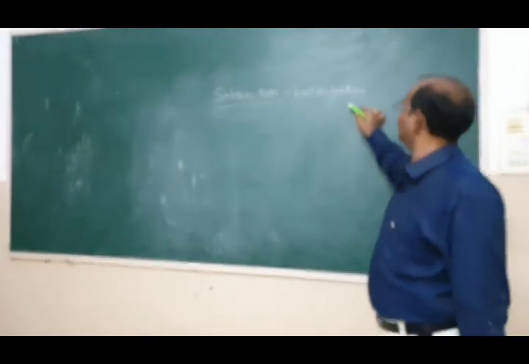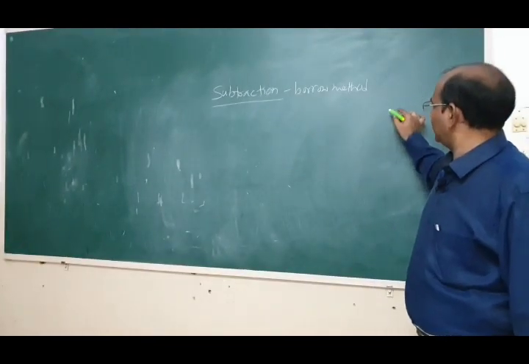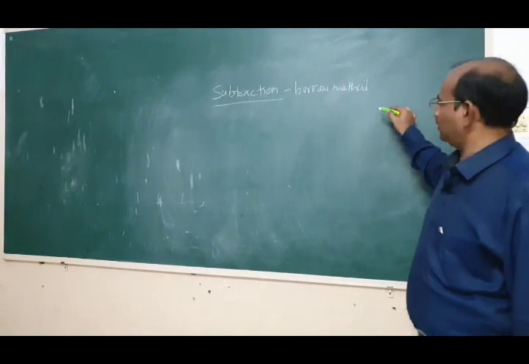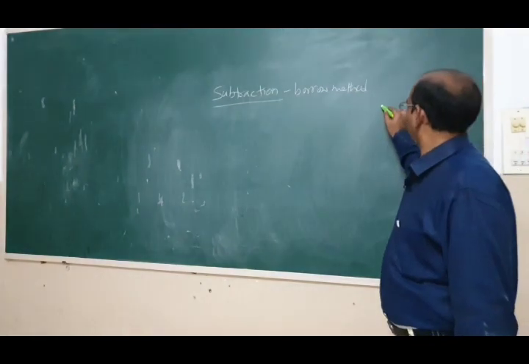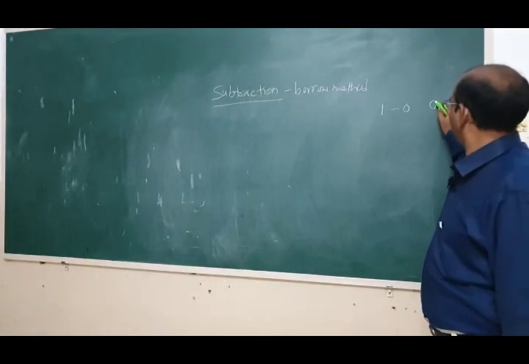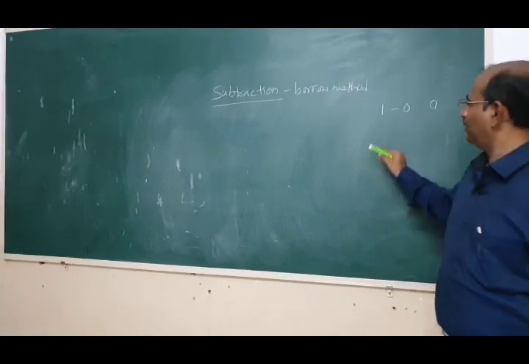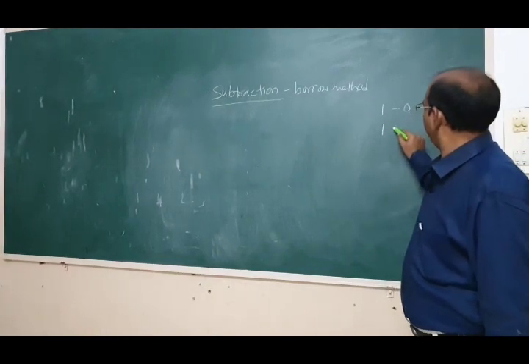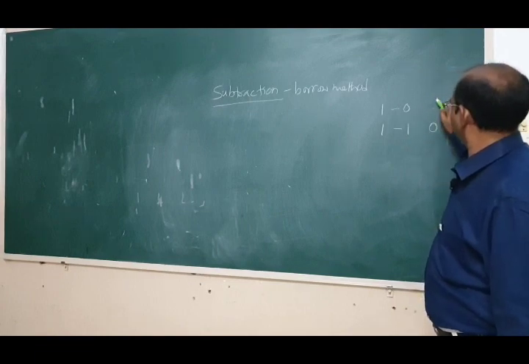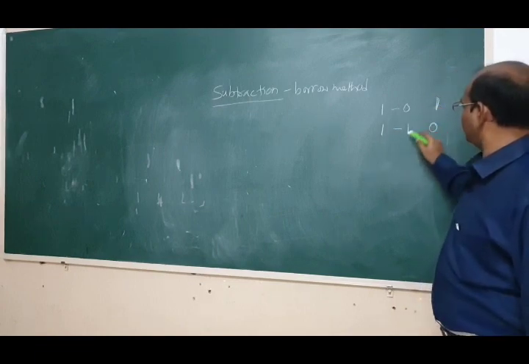Now, just like the rules for addition, we are having rules for subtraction also. What are the rules? 1 minus 0 is 1, 1 minus 1 is 0.